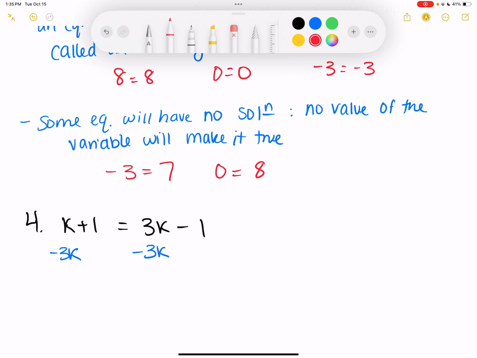And at the same time, I'm going to subtract 1 from both sides. Okay? So I'm moving this 1 over here, and I'm moving this 3k over here. So over here now I have k minus 3k is negative 2k equals negative 1 minus 1 is negative 2.